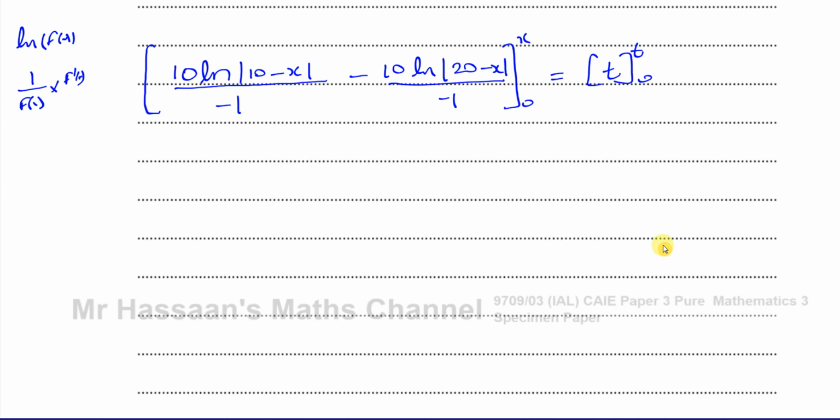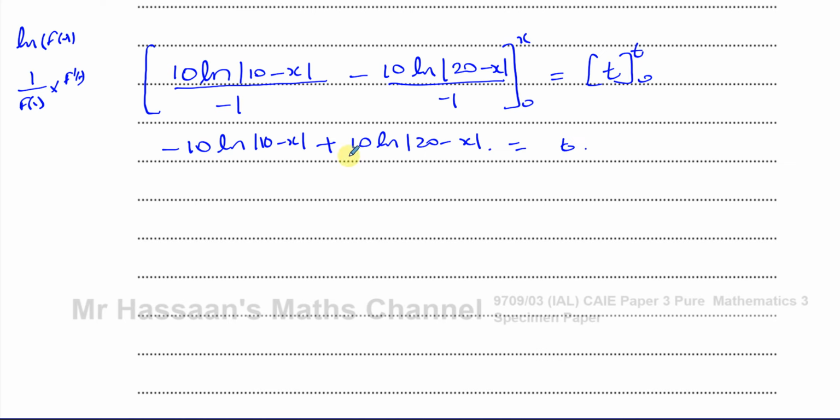So now this gives me minus 10 ln of the modulus of 10 minus x, and you're going to have here plus 10 times the ln of the modulus of 20 minus x, and this is equal to t.